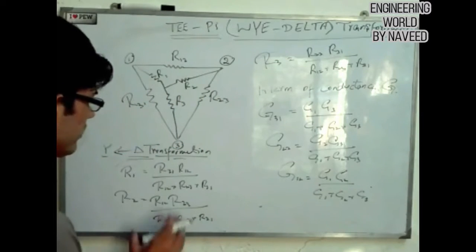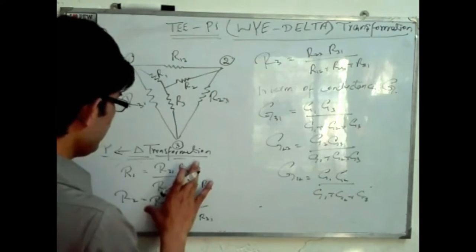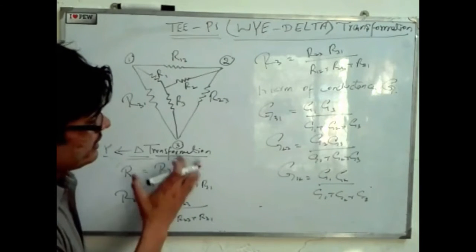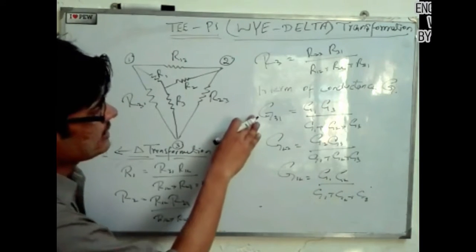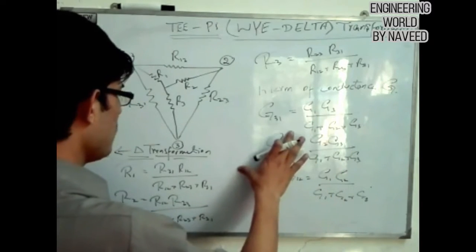So if you see, finding the resistance of Y in terms of delta is the same as finding the conductance of delta in terms of Y. So these two are the same.